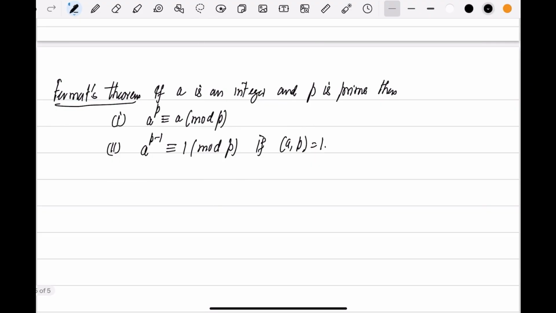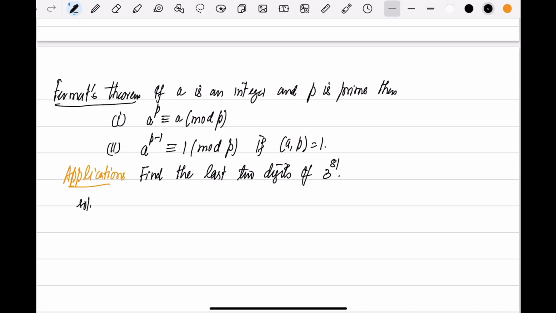Now this Fermat's theorem has some nice applications. It has many applications, but we will just discuss one of them. Find the last two digits of, suppose, 3 power 81.